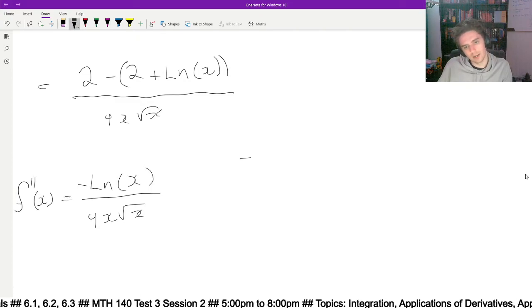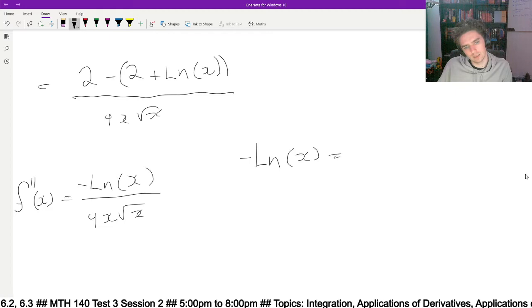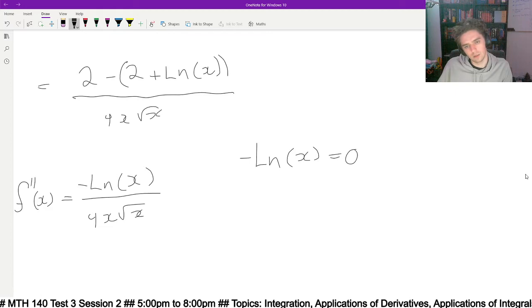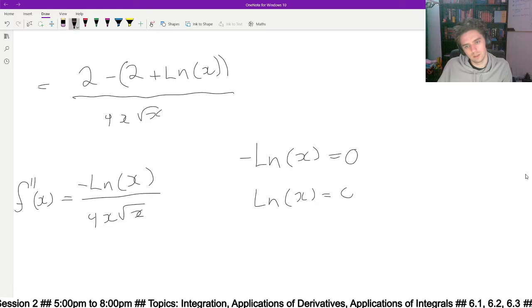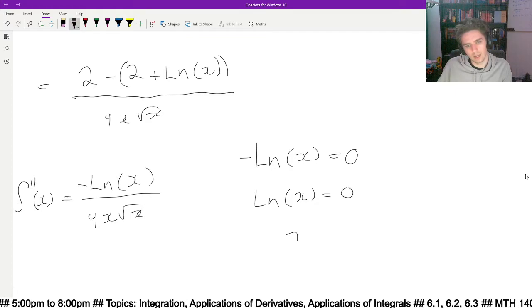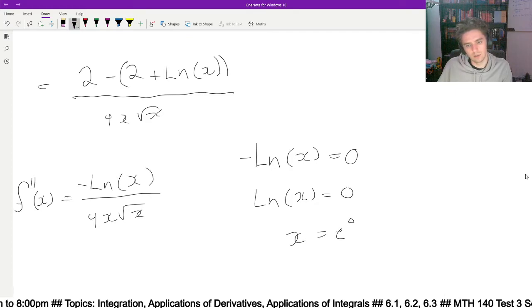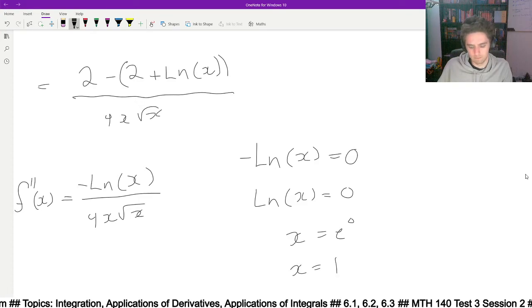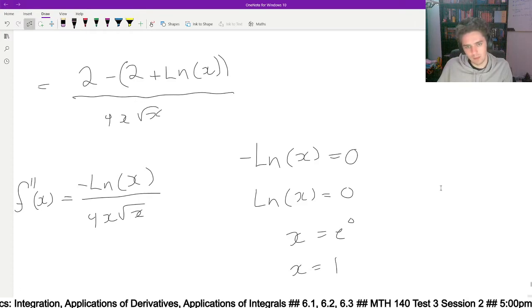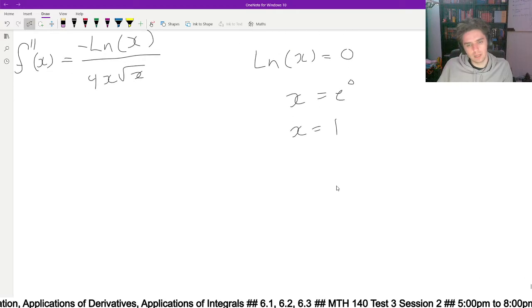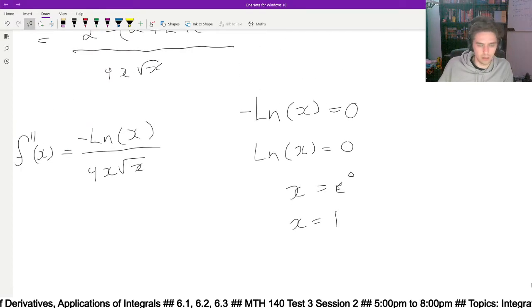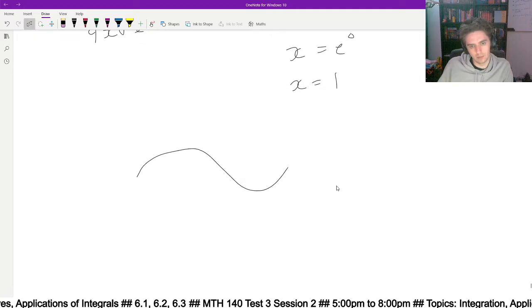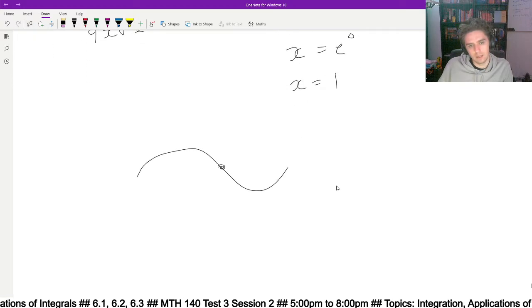I want to know where negative ln x equals 0. I want to know where ln x equals 0. So where x equals e to the 0, x equals 1. Okay, so that's the only place where we can have an inflection point. Okay, so where it goes from concave up to concave down, right?